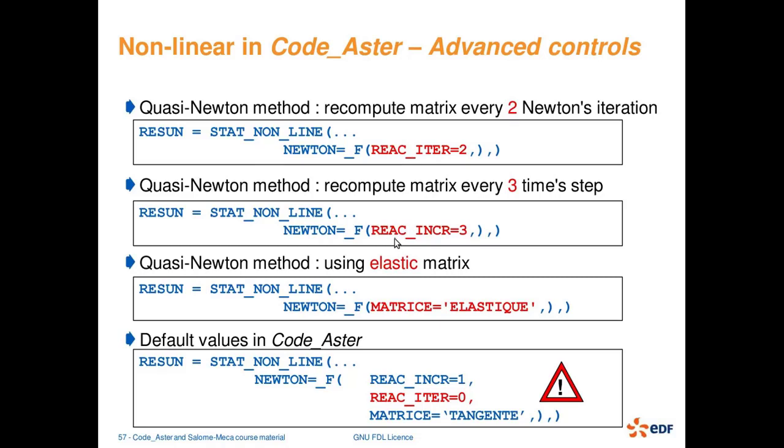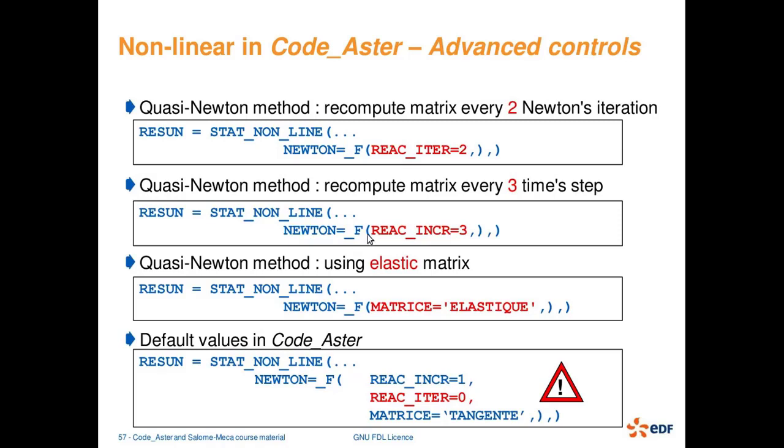And also, if I want to control the computation time step wise, then I can use the react increment operator. So here, if I use react increment as 3, then after every 3 time steps, it will recompute the tangent matrix.